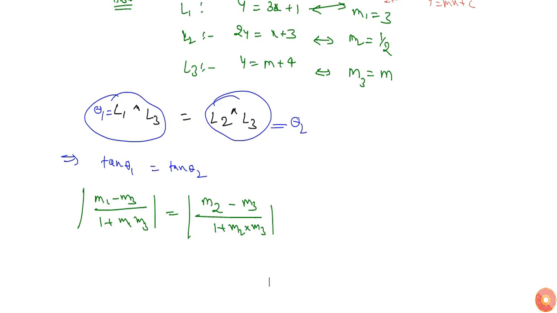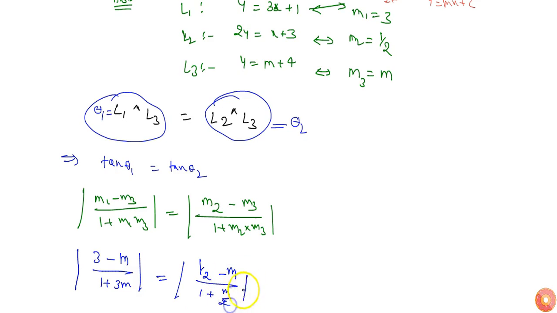So from here I can write m1 is 3 minus m3 is m, divided by 1 plus m1 m3 which is 3m, equals m2 is 1 by 2 minus m3 is m, divided by 1 plus 1 by 2 into m, which is m by 2.